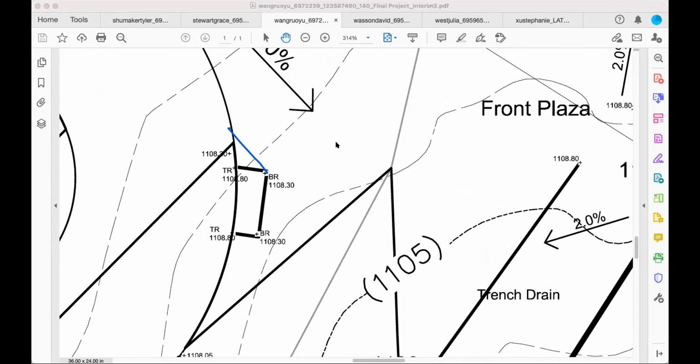So you either have this or you have that. Okay, so it's more than 4 spot elevations.